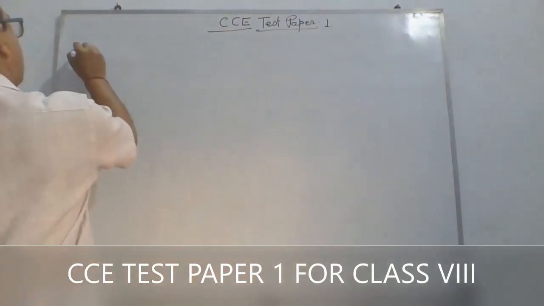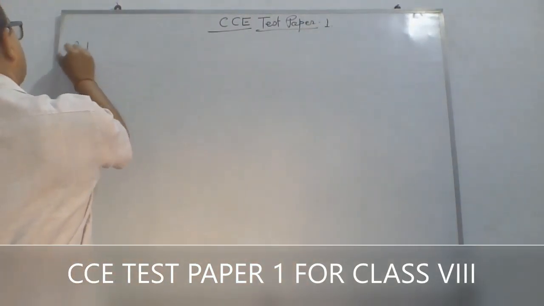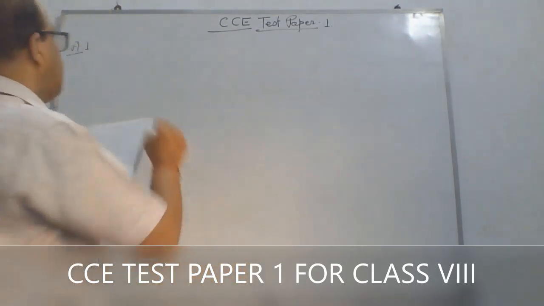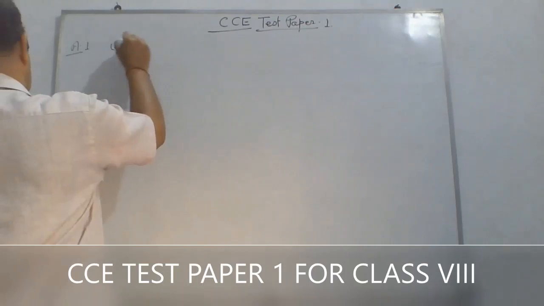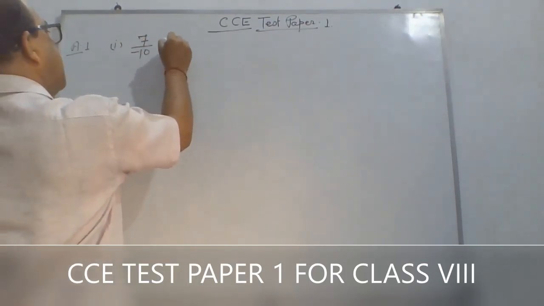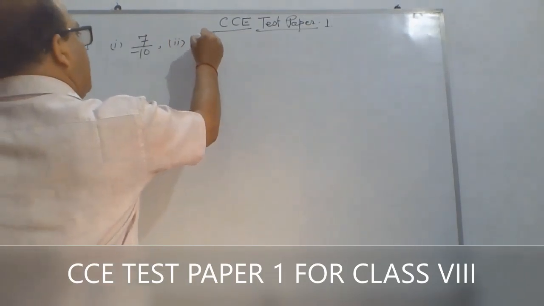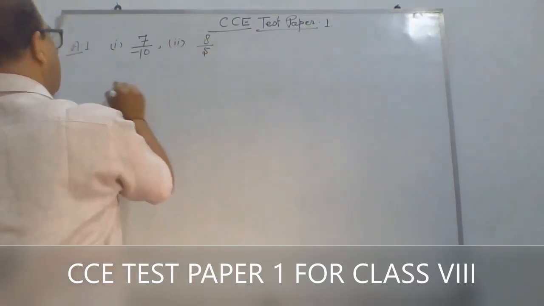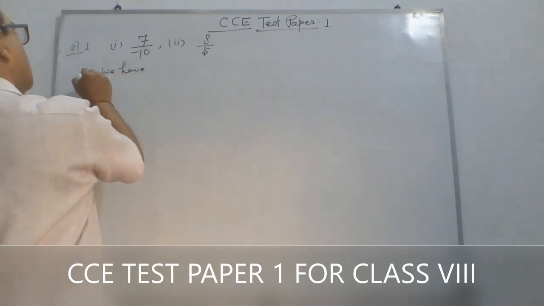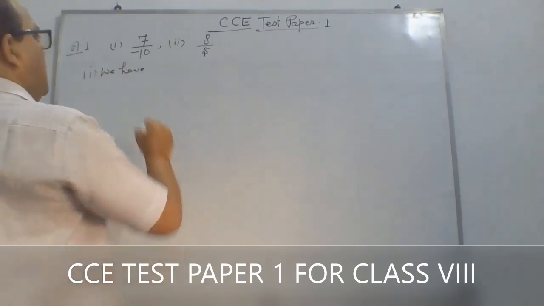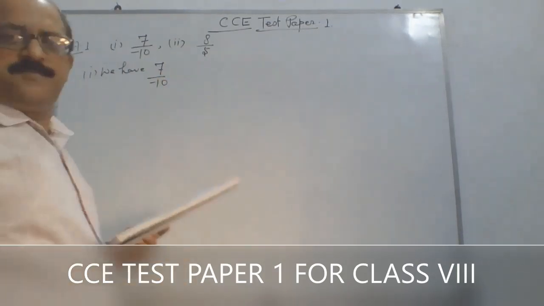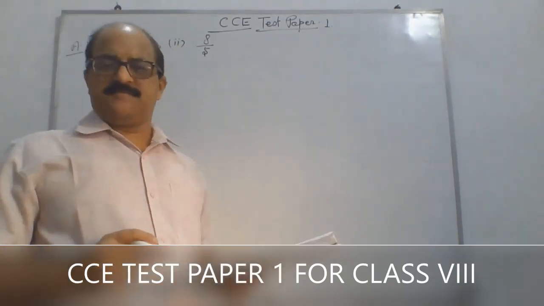Question number 1. Find the additive inverse of 7 by minus 10 and 8 by 5. 7 by minus 10 is a negative rational number.